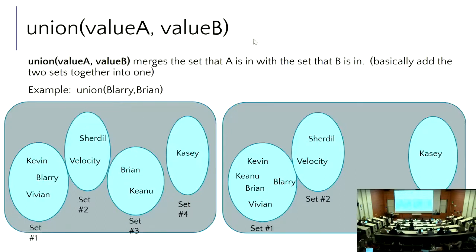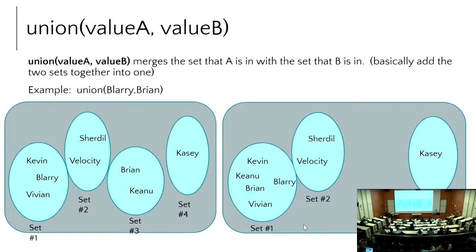Then I'd realize I need to union together sets 1 and 3. What that results in is instead of having 4 original sets, now I've combined 2, so I only have 3 remaining. You can see that I pulled both Brian and Keanu into set 1. So set 1 is now the combination of all 5 of these delightful TAs from spring, I believe, 21, or spring 19, I can't remember, into one bigger set.